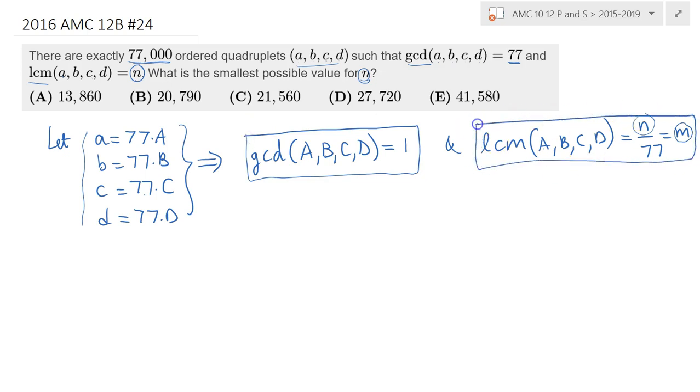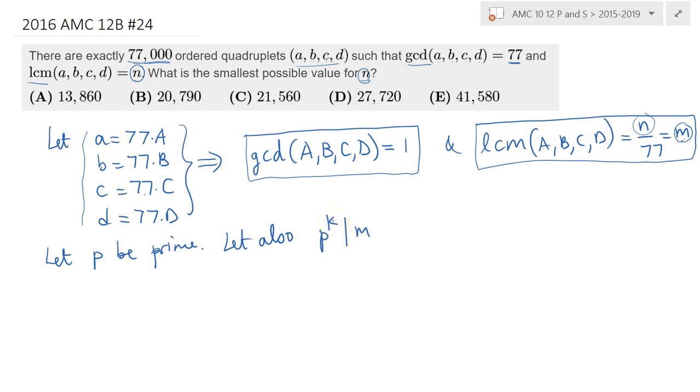And now consider the following. Let p be a prime, and let also p to the k divide m.